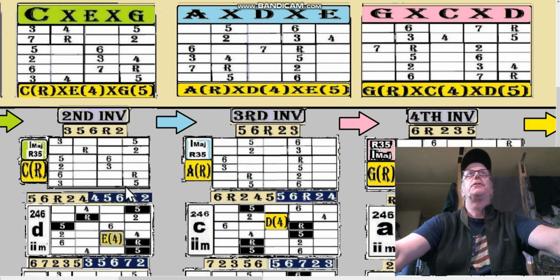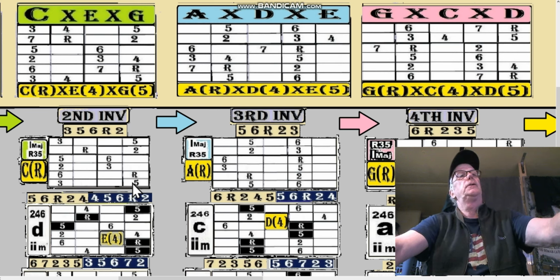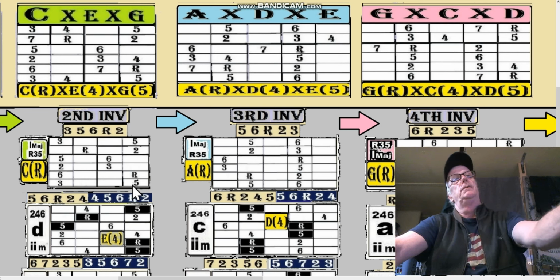You could start the scale from the 5th. That would be the first inversion. Anytime you have a scalar or a triad, the first inversion just starts on the 2nd note. And first inversion from first inversion is 2nd inversion.